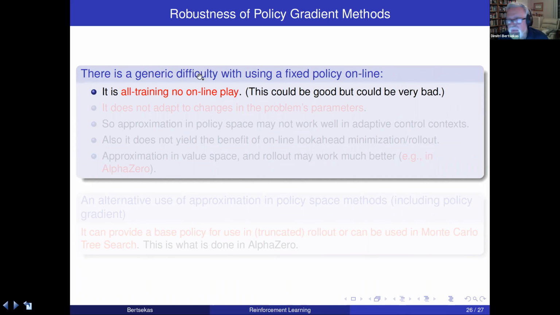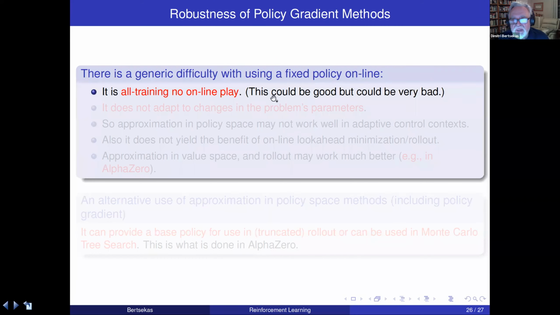But there's a general difficulty with obtaining some policy through offline training and then trying it online on your system. This is the kind of methodology that's all training and no play. All your work is done in training, and then you use what you have obtained from the training online.